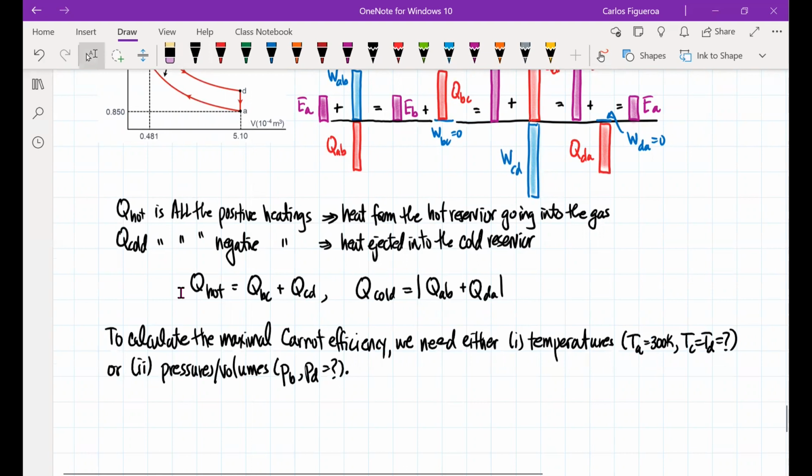So the question is, which is best for you? Do you want to calculate the single pressure TC, TD, or do you want to calculate the pressure B and D? Now, it turns out that they both take the same amount of work.